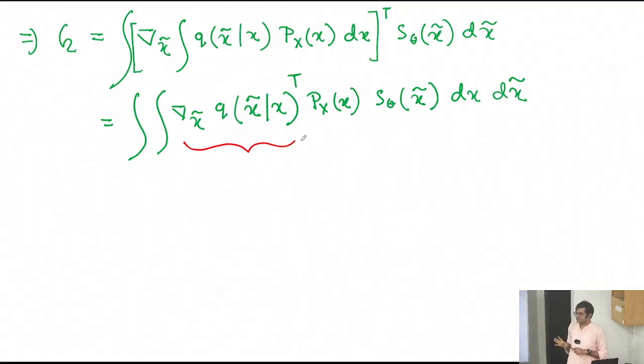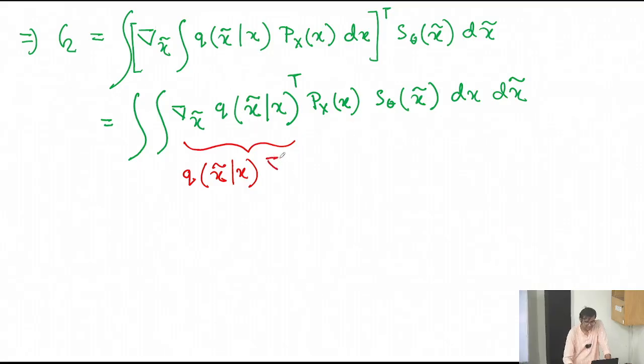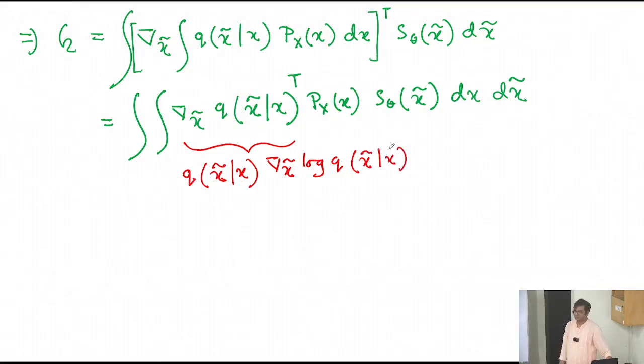So I can do the same thing here. See if it is making sense. This I am saying is equal to q of x tilde given x, right? And then gradient of x tilde log of q x tilde given x, right?